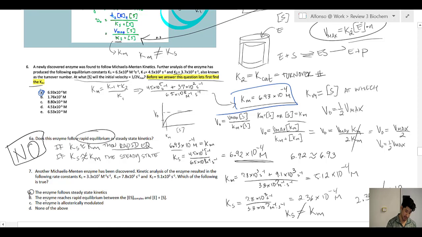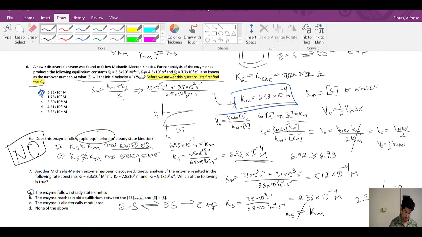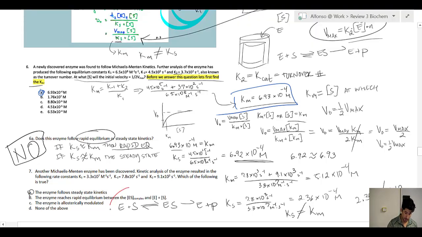What about B? The enzyme reaches rapid equilibrium between the enzyme substrate complex and the E plus S. What B says is that it reaches rapid equilibrium in this step right here, which is not true.